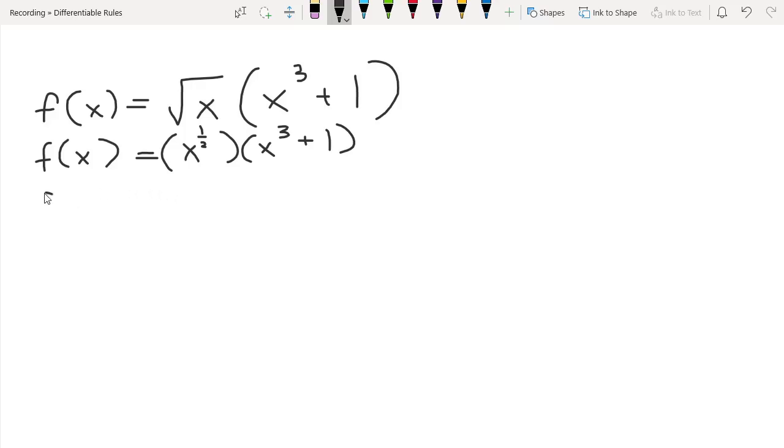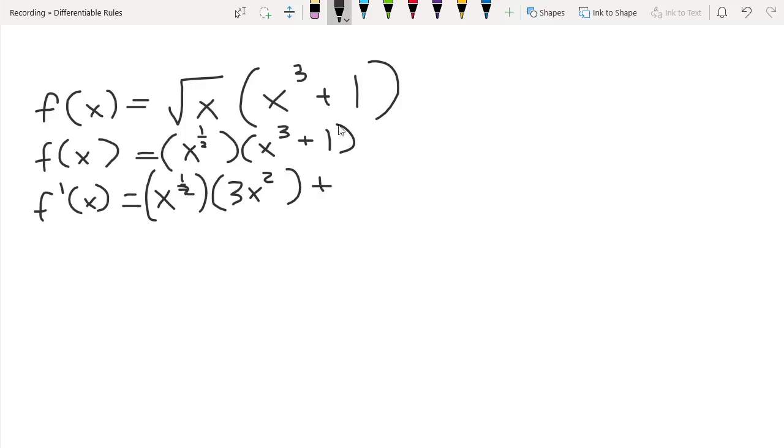So I'll find the derivative of f of x now. f prime of x equals, so first we can use this, f of x, which is x to the power of 1/2. And then we multiply this by the derivative of x cubed plus 1. And in this case, the derivative would be 3x squared.